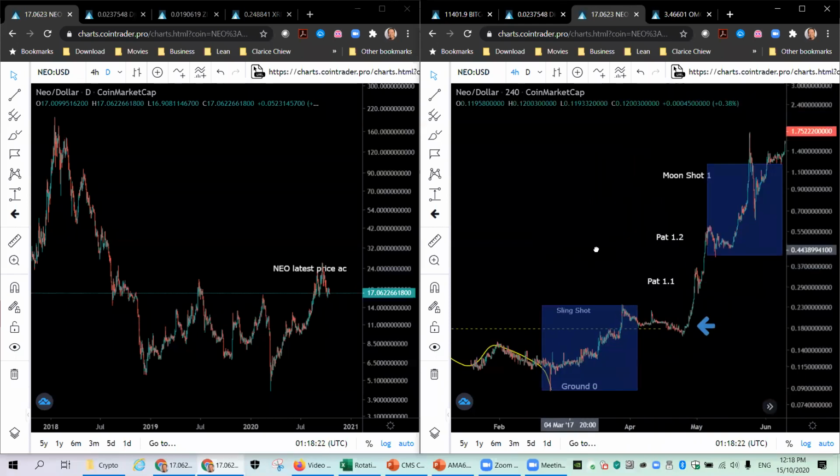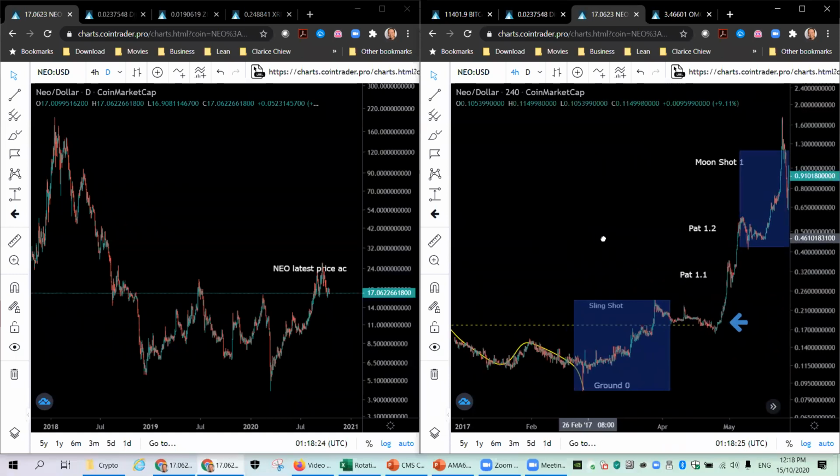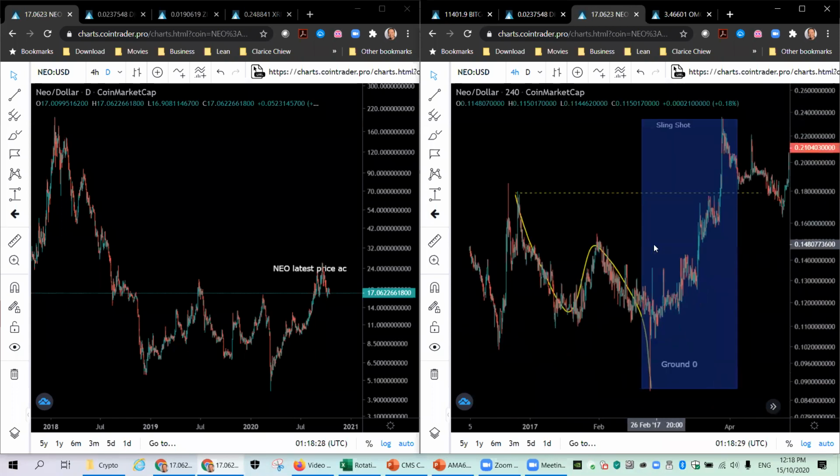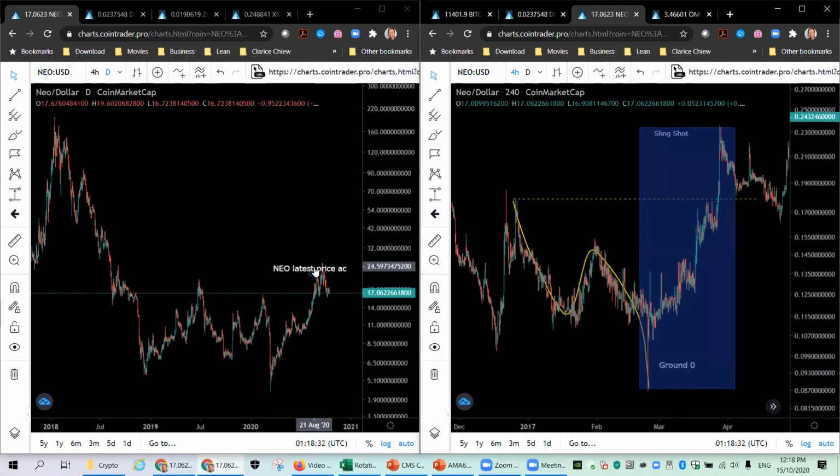Yeah, so there you go. Here is the previous cycle for Neo on the right against the latest cycle on the left.